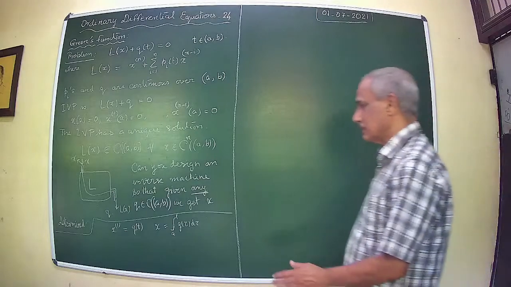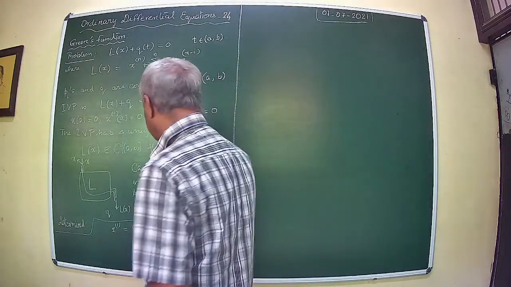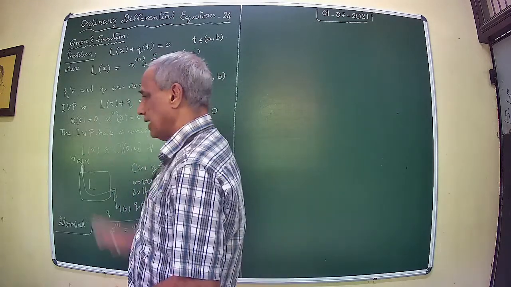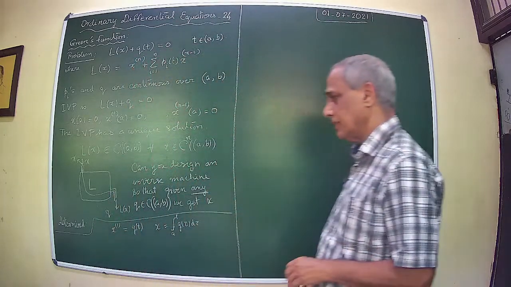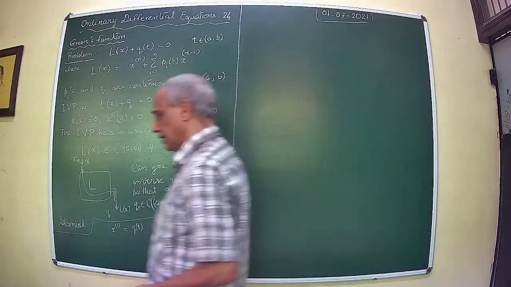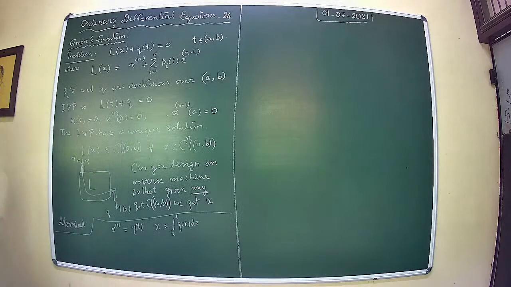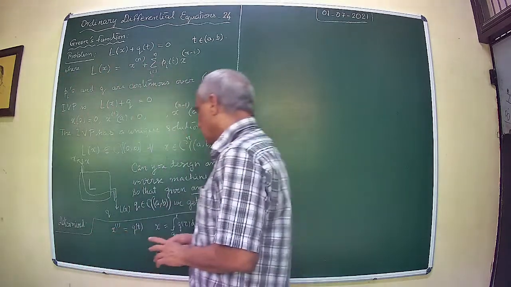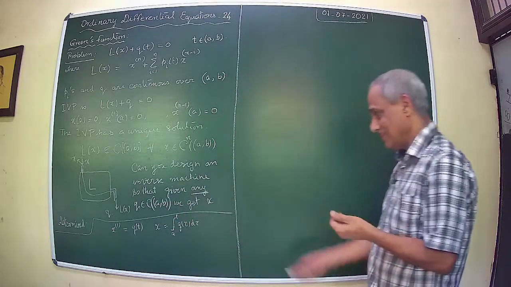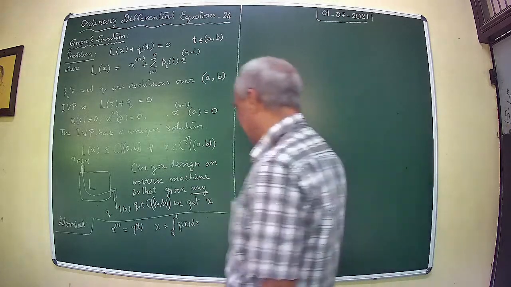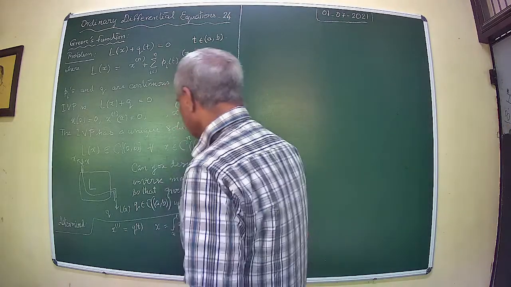Now what we have at hand is a more general problem where L is an nth order linear differential expression. We will see how we can try to get the solution of this problem. So for that we consider this problem itself. x derivative is equal to g(t), and then this is something like this.